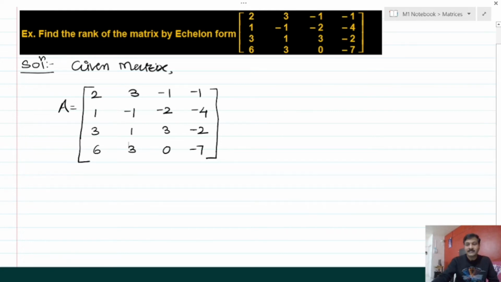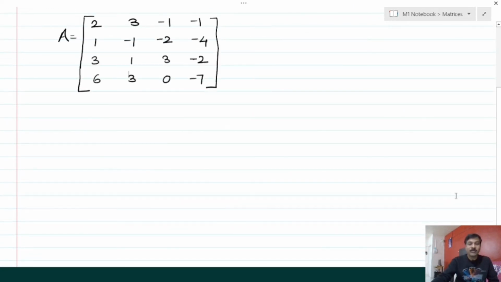So what are the steps to find the rank of a matrix by echelon form? Here we want 1 at the A11 position by using only row transformations, because in echelon form we can use only row transformations. Then below that, we want all zeros by using row transformations. So let's see how.